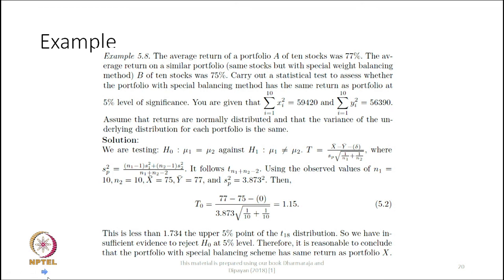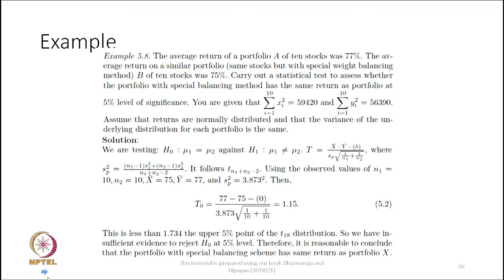Instead of providing individual random samples, they have provided the summation of i equal to 1 to 10 of xi square value. Similarly, for the other 10 stocks, the summation of i equal to 1 to 10 of yi square value is given, instead of providing the actual values.